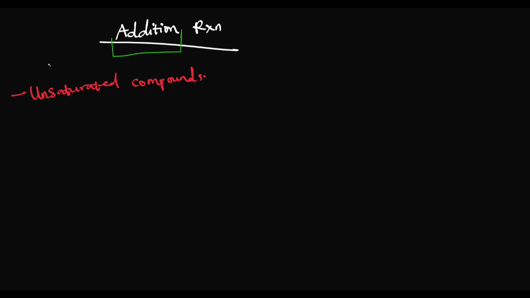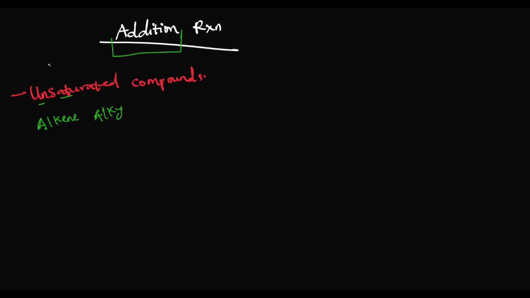So saturated means something that is more than enough, right? Unsaturated means something that is not of great quantity. You get? So in organic chemistry, when we talk about unsaturated compounds, we're actually talking about the alkene and the alkyne.